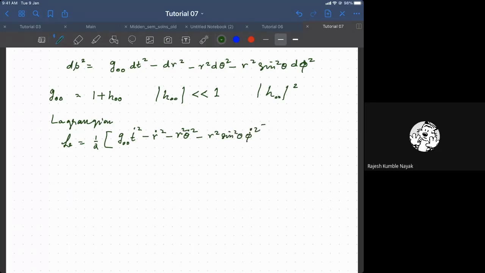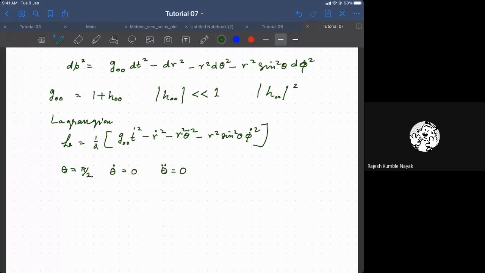So we are not trying to prove some great thing, so let us not worry too much complicating our life. Let's take theta is equal to pi by 2 and theta dot is equal to 0 and theta double dot is equal to 0.